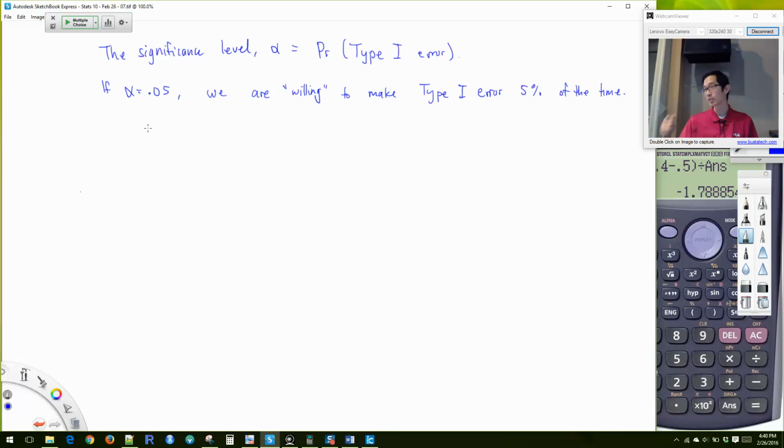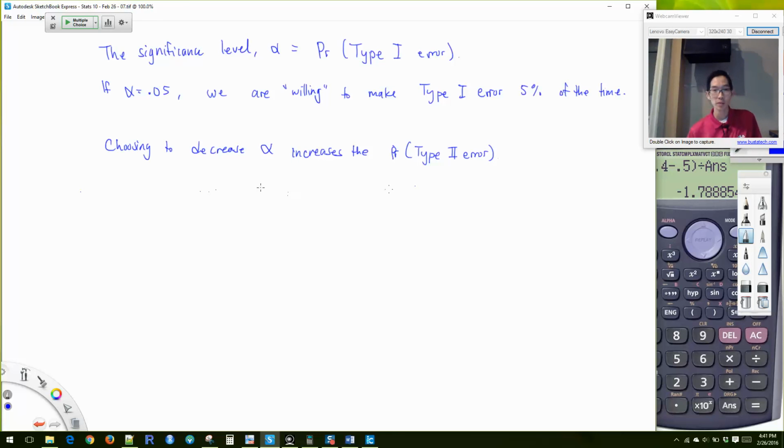The chance that you haven't rejected the null and that was a mistake now goes up because you're just not rejecting the null as often. So choosing to decrease alpha increases the probability of type 2 error.